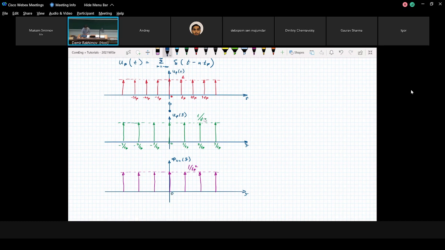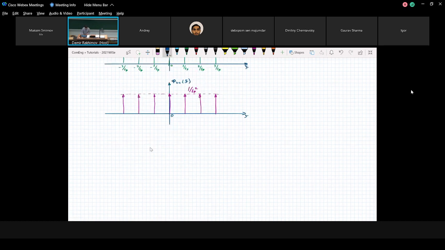Okay. And finally, in order to find autocorrelation, we perform the inverse Fourier transform. We go from the frequency domain to the delay domain. My question will be, what will the resulting magnitude be after back transformation?